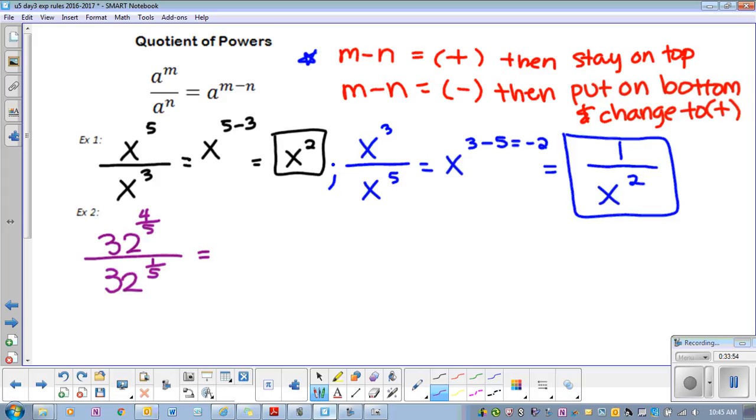So this is 32 to the 3/5 power. Oh, look at that, all numbers. Put it in the calculator, see if you get a nice pretty number. 8? Absolutely. Good job.